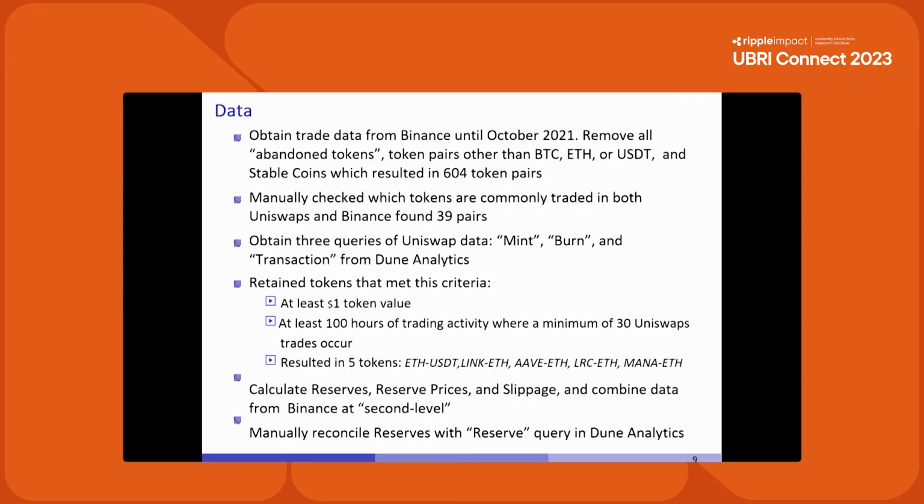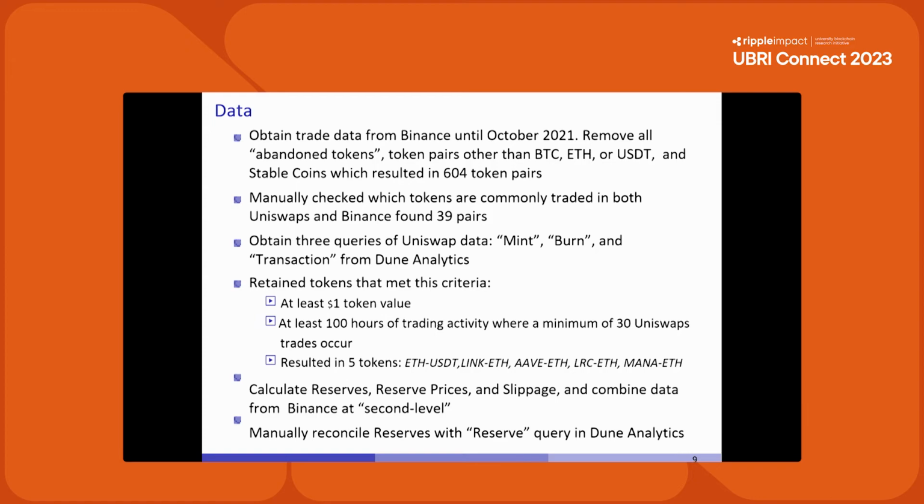We took all the commonly traded pairs and got Uniswap burn, mint, and transaction queries from Dune Analytics. And we selected common pairs that met one criterion: in a 1 hour trading window, at least 30 Uniswap transactions actually took place. That is our cutoff criterion.